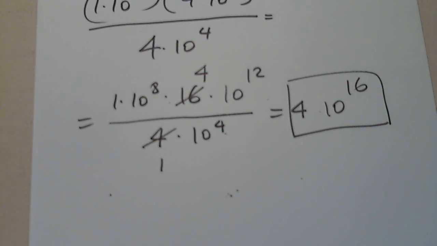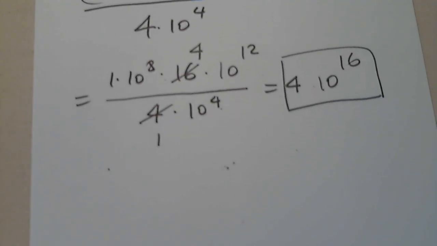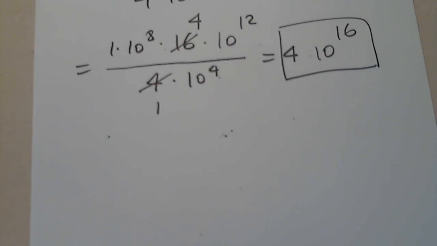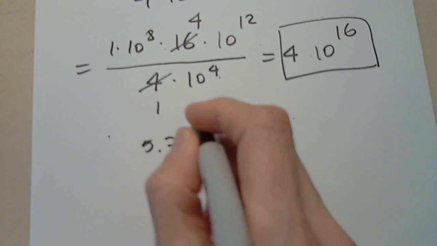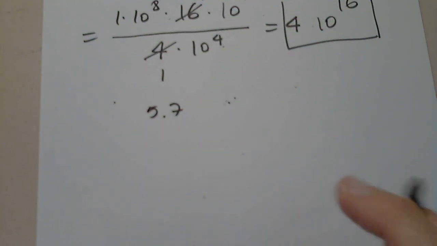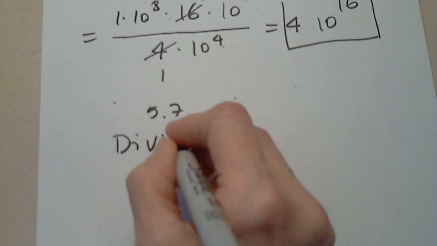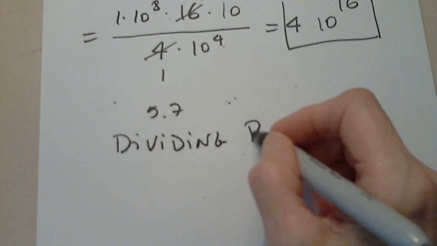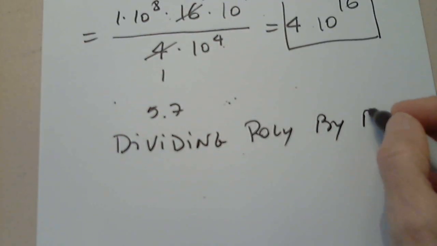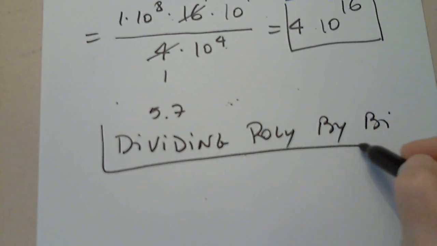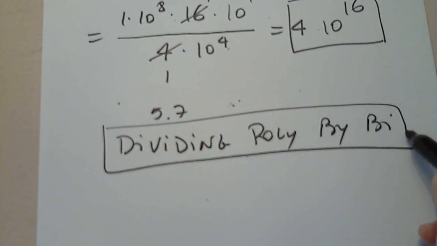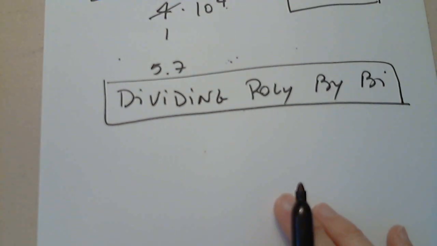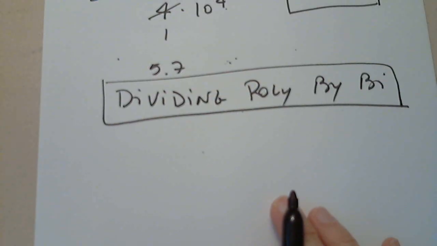Okay, so let's talk about the last section, which is 5.7 of Mod 5, dividing polynomials by binomials. And we have 2 methods. One that works always and forever, and the other one that has limited applicability.